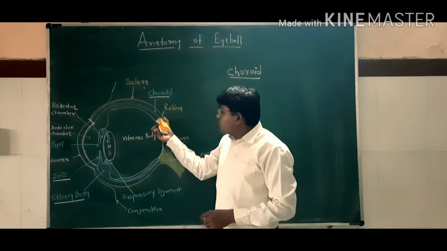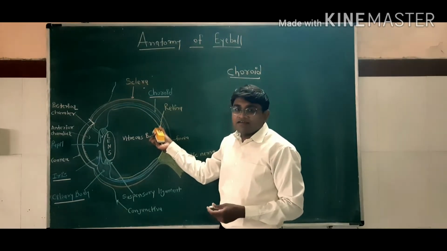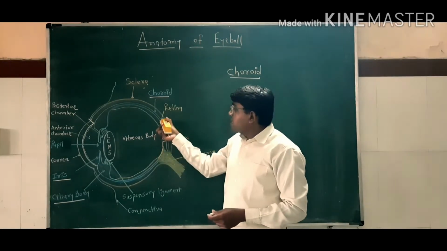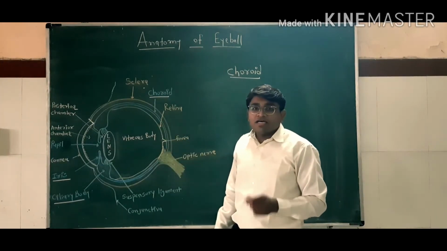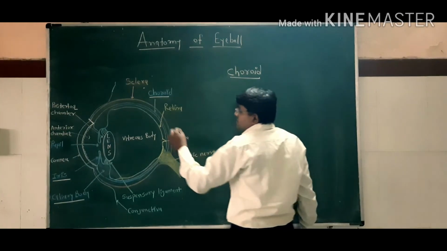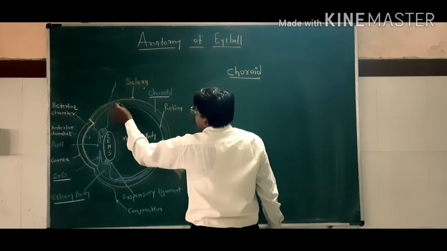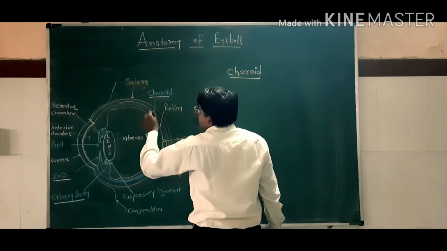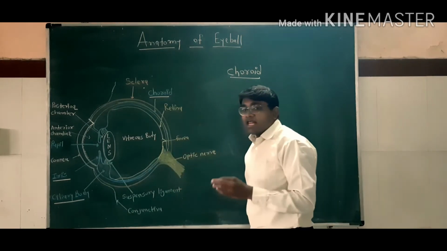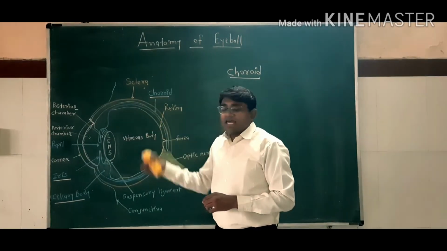It is firmly adhered to the retina inside, whereas it is loosely attached to the sclera by the suprachoroidal lamina. Means in between the sclera and the choroid, there is a layer known as the suprachoroidal lamina, which connects the choroid and sclera.